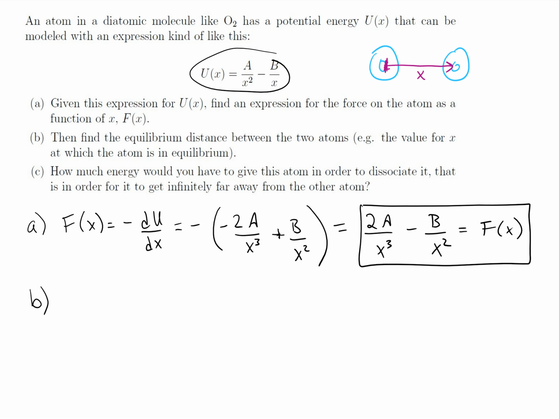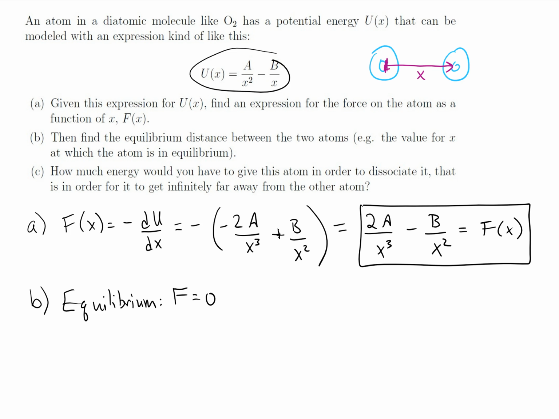Okay. Then we'd like to be able to find the equilibrium distance between the two atoms, so the equilibrium value for x. And by equilibrium, what we mean is that the force is 0.